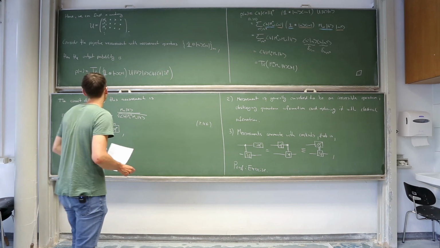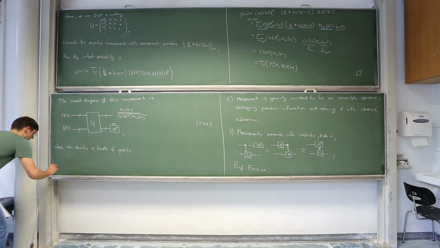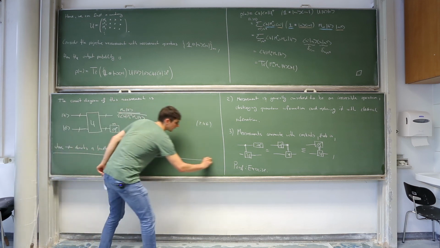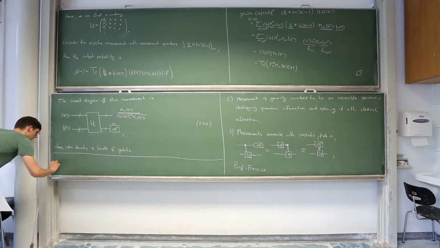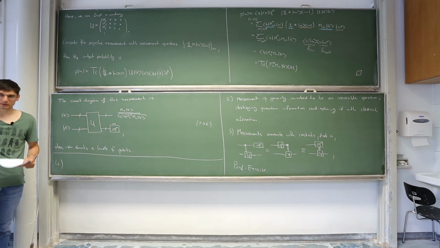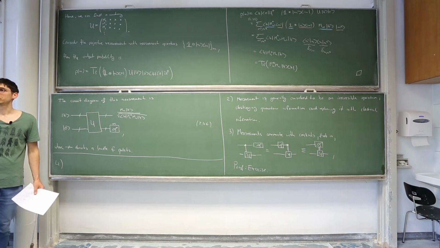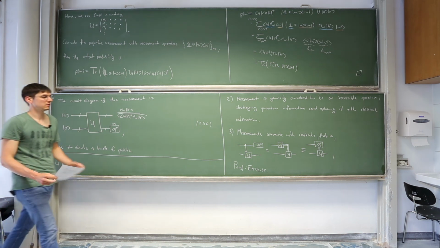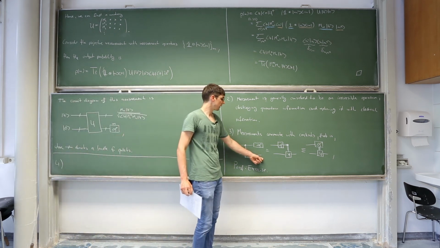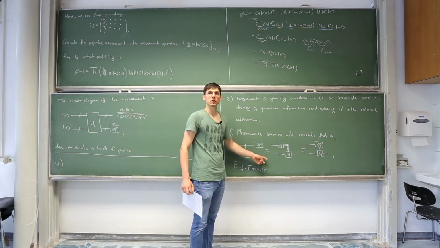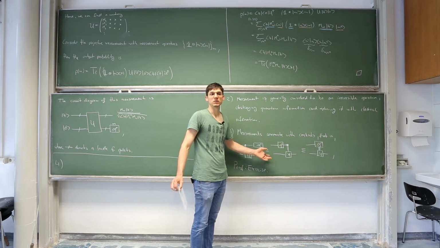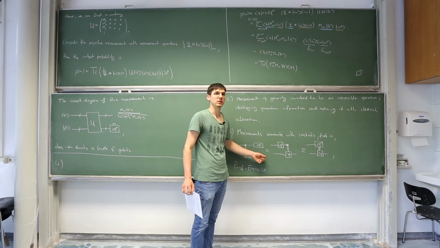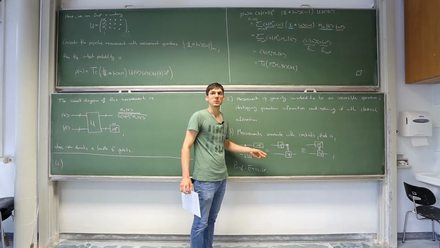Okay, and the fourth remark, I'm going to write it down here, is that any unterminated quantum wire is assumed to be measured. So meaning if you write down a quantum circuit and there's a quantum wire without a termination, then you can assume that there is a measurement on this. So you can either leave it open or not. Often people leave it open because it's not of interest anymore.